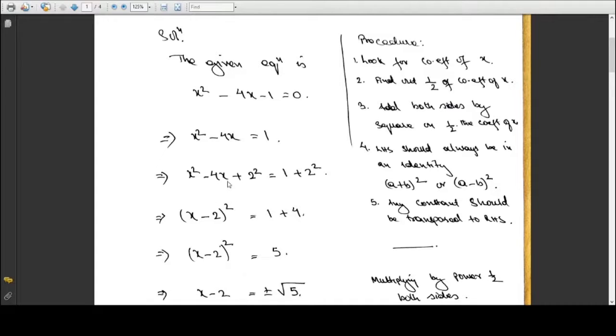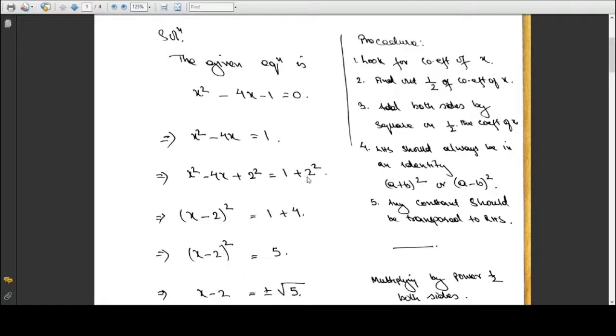You will get 4x only, isn't it? 2 multiplied by 1 is 2, 2 multiplied by 2 is 4. That means this is a minus b whole square, a squared minus twice ab plus b squared, which is (a minus b) whole squared, where a is x and b is 2.